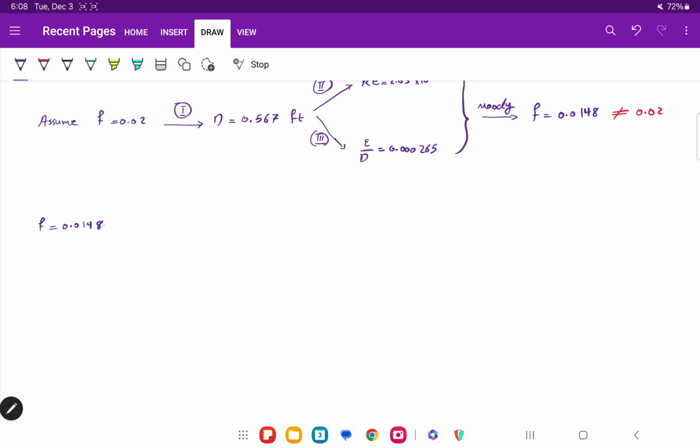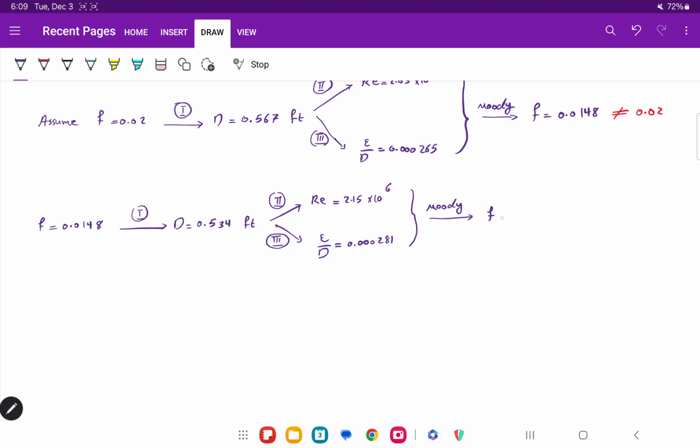So if f equals 0.0148, using equation 1 you can find diameter 0.534 feet. Then using equation 2 you can find Reynolds number 2.15 times 10 to 6. Using equation 3 you can find epsilon over d, 0.000281. Using the Moody diagram you can find f equals 0.015.